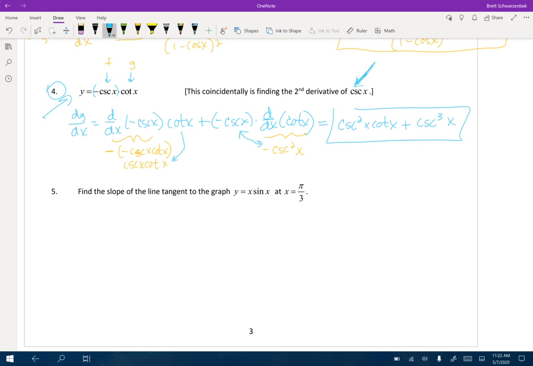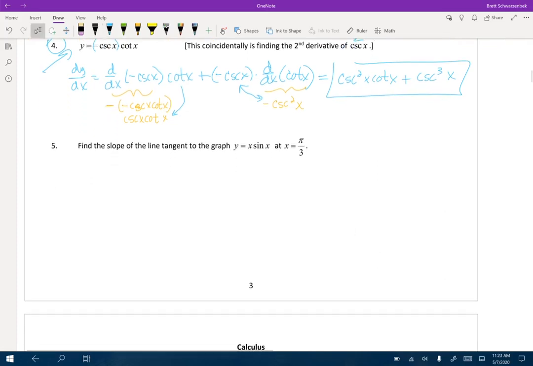Okay, so the last problem is much needed at this point. It's been a couple lessons since we did a problem like this, but I want to make sure that you understand that all of this is still in play. This question is asking for the slope of the line tangent to the graph y equals x sine x at x equals pi over 3.